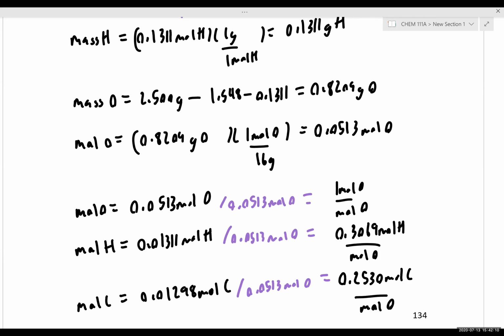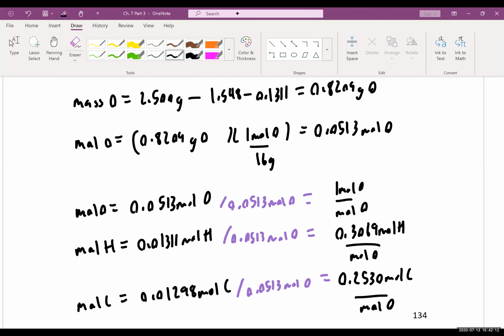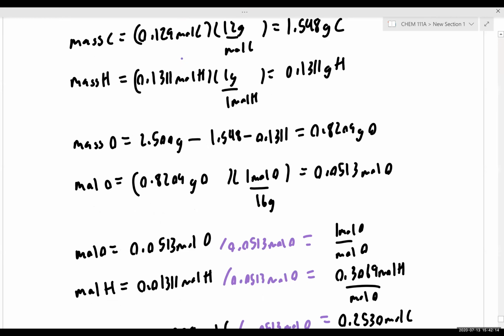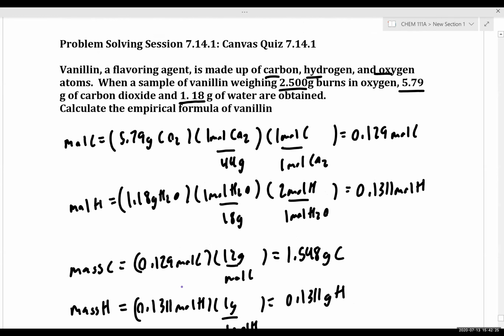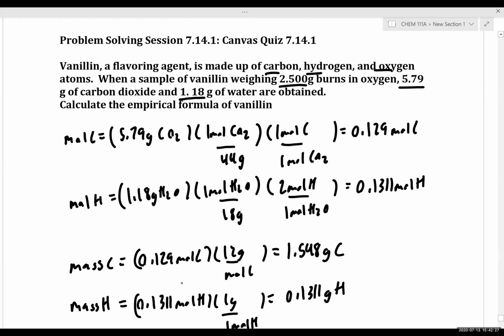Let me re-enter and re-perform some of these calculations just to check the accuracy and just to make sure there are no major issues with the setup for this problem. So let me just punch things into my calculator one more time. 5.79 over 44. There was a calculator error here.